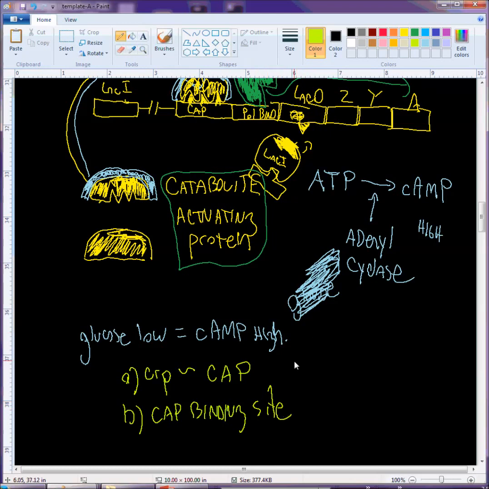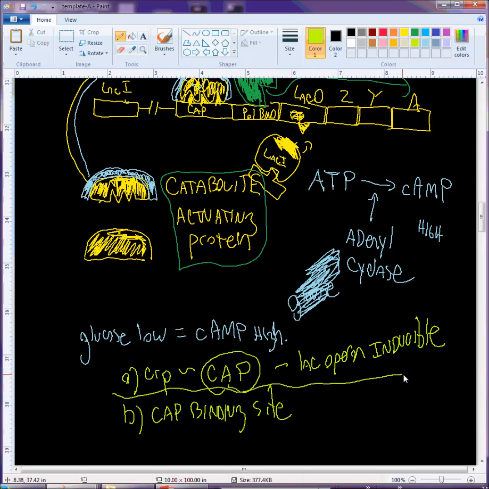If we mutate this, will the lac operon still be inducible? So if we add lactose, will that turn on the operon? I would say yes, it will. Why? Because we're adding lactose.